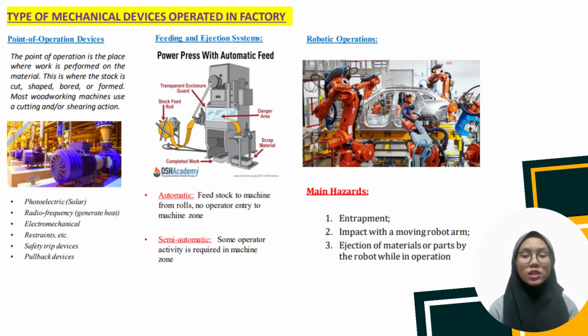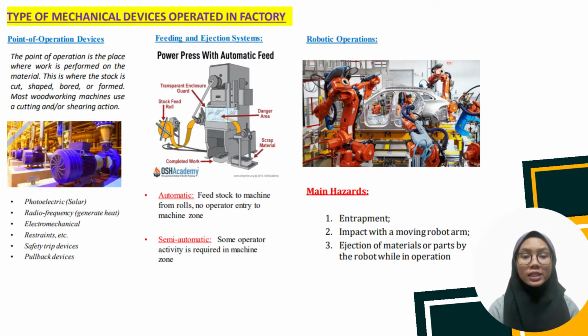Basic types of hazardous motions include rotating, reciprocating, transverse. Other basic types of hazardous action include cutting, boring, shearing, punching, and bending.